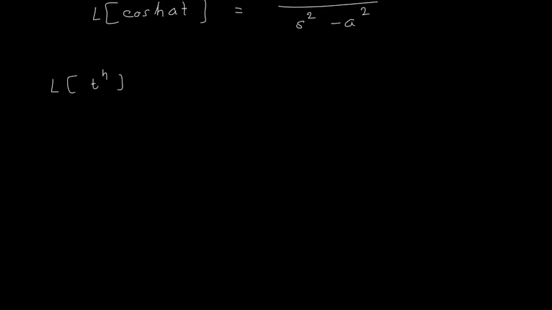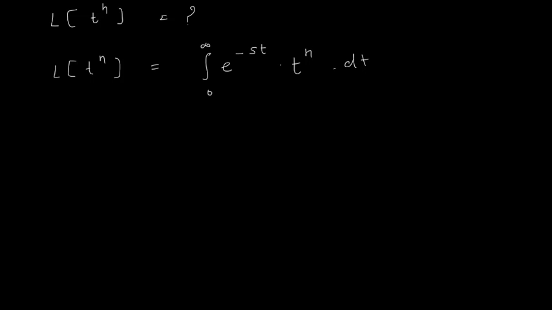Now Laplace of t power n, this we have to find out. So we will apply the basic definition. Laplace of t power n is equal to integral from 0 to infinity of e power minus st into t power n into dt. Now here we have a concept of the beta gamma function that we have already done in our first year engineering.